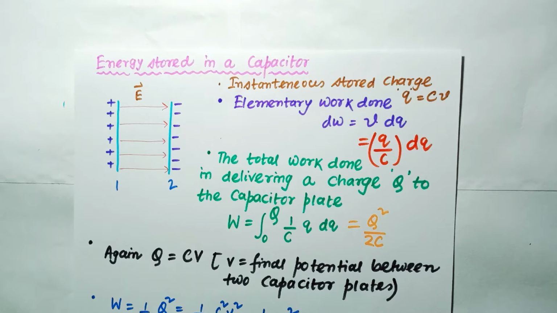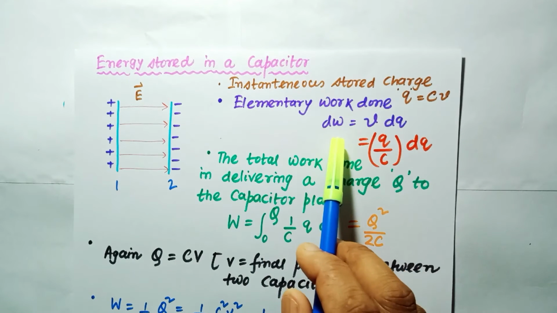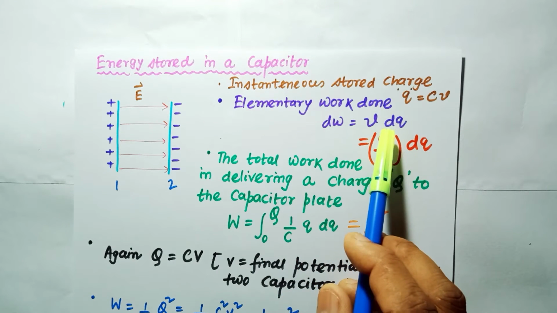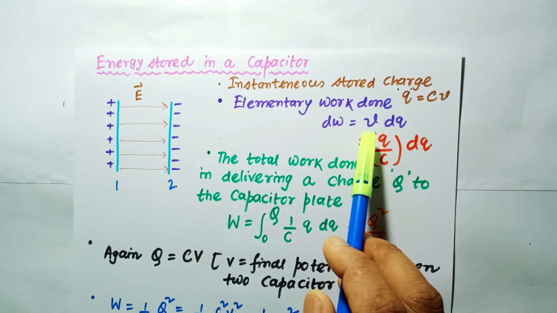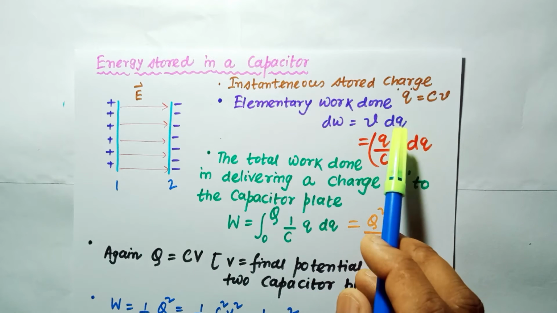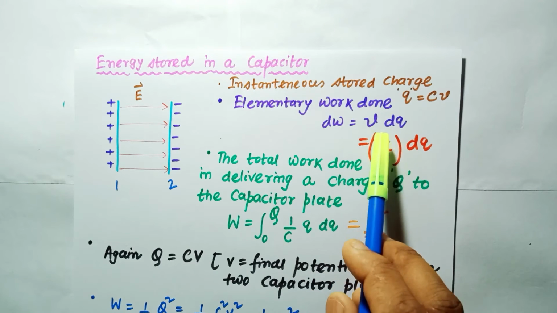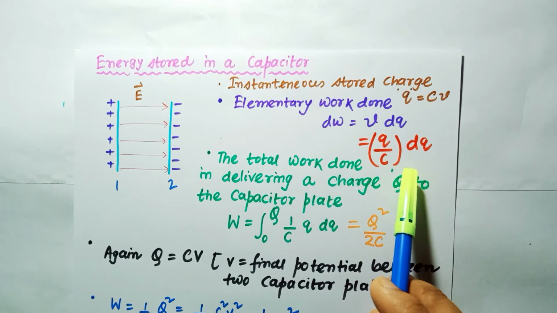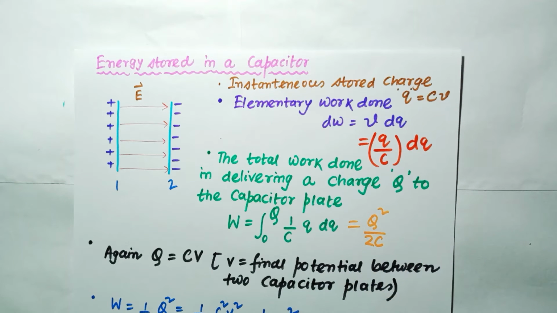So what is the elementary work done? dW is equal to the potential at this moment, small v, times the elementary charge. If I replace the potential by q by C, it becomes dW is equal to q by C dq.